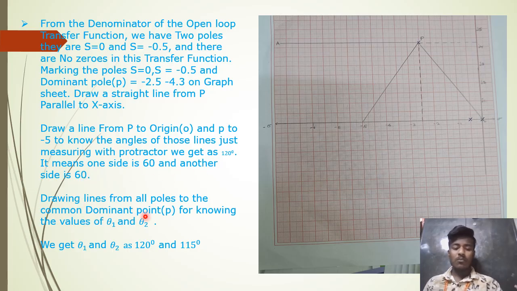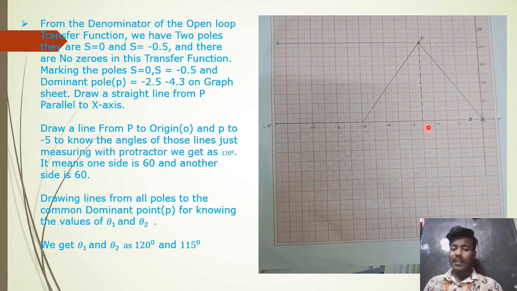Drawing the lines from all poles to the common dominant point for knowing the values of theta 1 and theta 2, we get theta 1 and theta 2 as 120 and 115 degrees. Marking the poles here on the graph sheet: 0 and minus 0.5. In this given question, s equal to 0 and s equal to minus 0.5, and dominant pole P equal to minus 2.5 plus or minus j4.3.